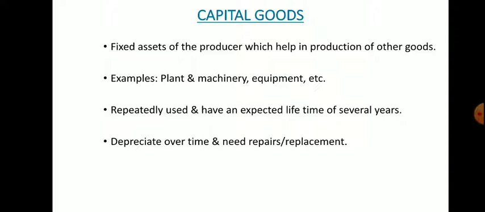Once you are using the machine for further production, that machine is not going to lose its identity; from day 1 to the last day, the identity of that machine will be the same. But over the passage of time its value can depreciate, since you are using that machine for a long time, or sometimes it may need some repairing, or you may need to replace it as well.